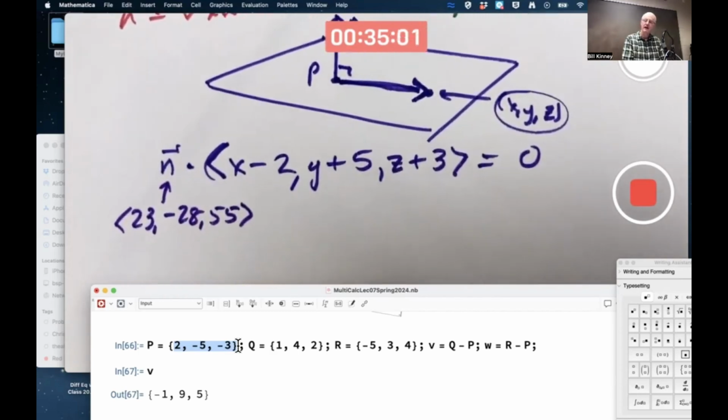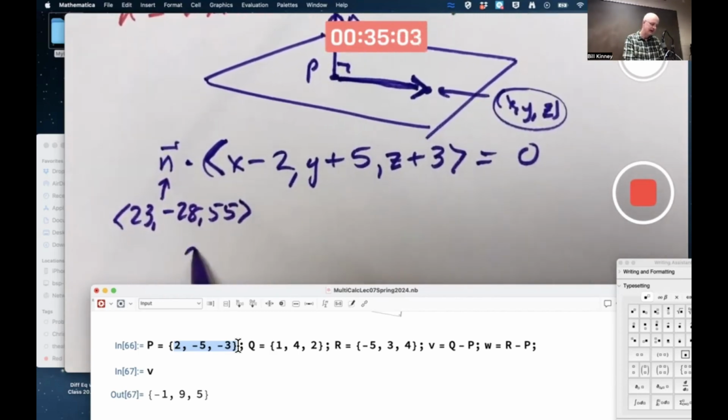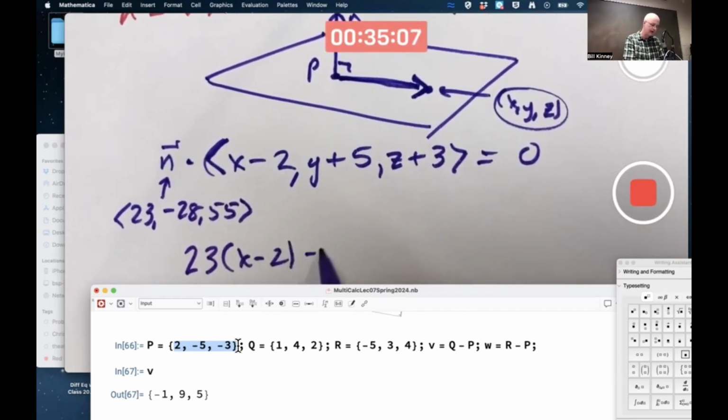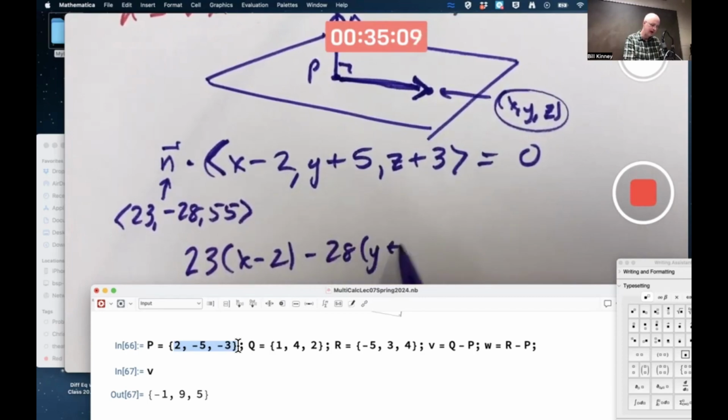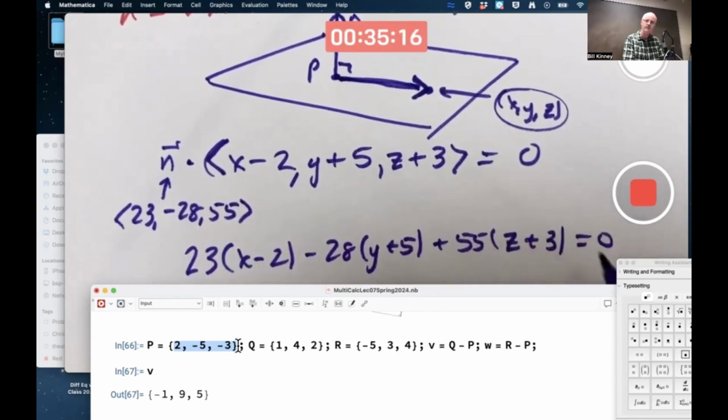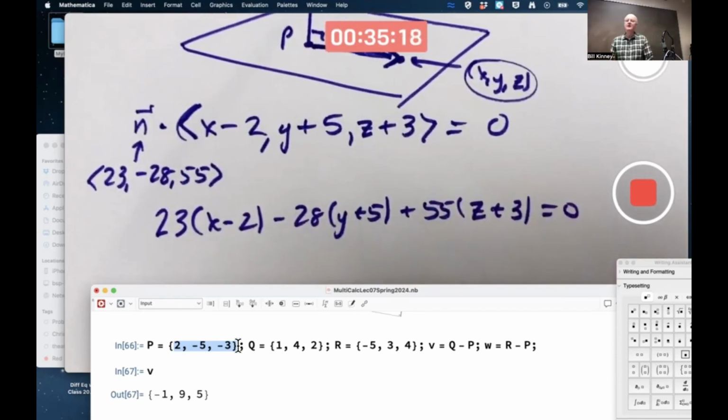Computing this dot product then gives a scalar equation, 23 times x minus 2, minus 28 times y plus 5, plus 55 times z plus 3 equals 0. A scalar equation involving the three unknowns x, y, and z. And that'll be an equation for the plane.